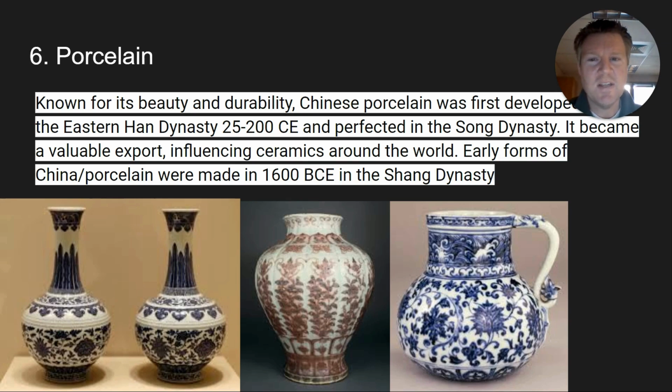It's a valuable export because of its durability, and it's impermeable to water, so water can't pierce through it. It was a great tool for holding valuable oils and water, and it could be transported globally. So if you were going on a ship and you were going to bring some spices or some liquids, you'd want your porcelain. So that was a very great invention, and it's still around today.